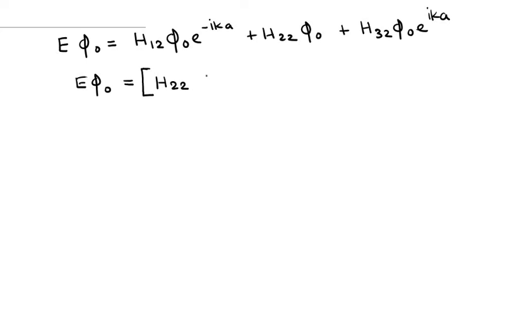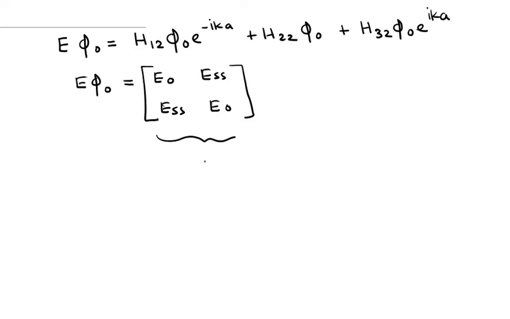So actually let me write the complete expression over here. So E0, E0, ESS, ESS. So this is basically h2 to, plus, what is h1 to?